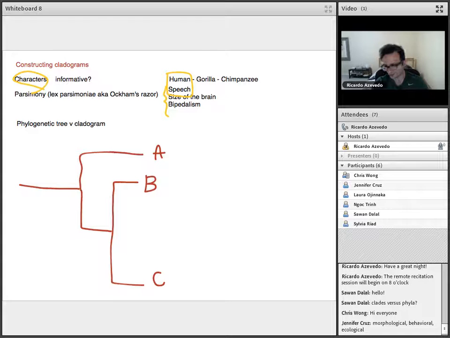But speech is purely a human faculty, and since it's not shared amongst these groups, it can't be used to classify them because it doesn't give you any information. You can't postulate that the common ancestor of humans and chimps had the ability to talk because chimps don't.